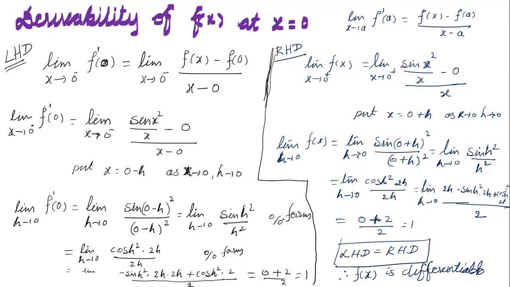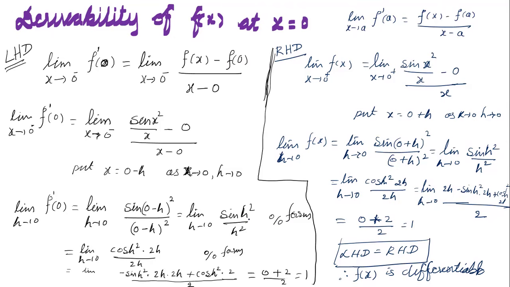This is in 0 by 0 form, indeterminate form. If we apply L'Hospital rule, limit h tends to 0, this is cos h square into 2h divided by 2h. Again, this is in 0 by 0 form, indeterminate form.